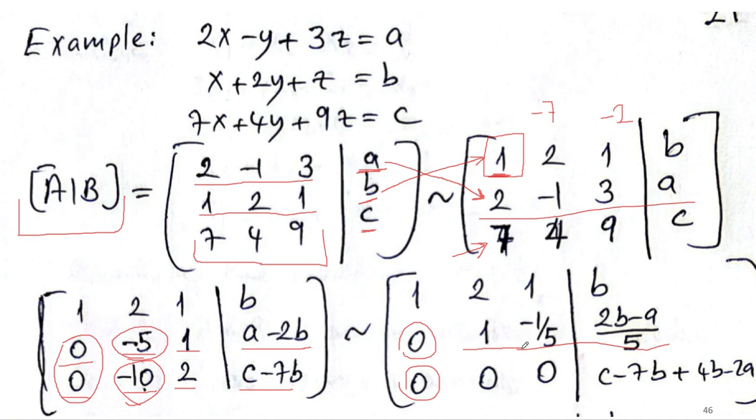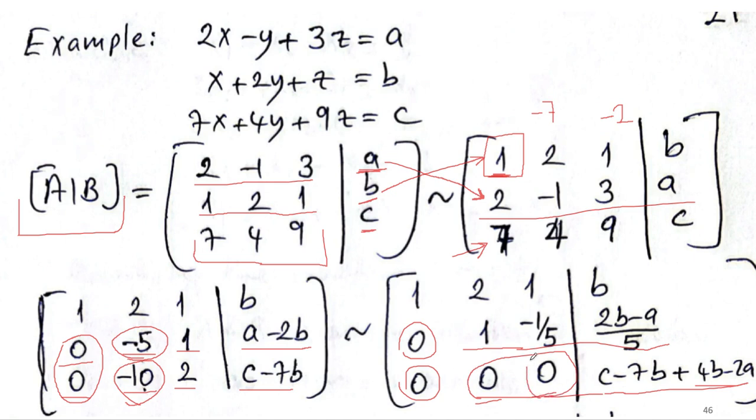Now at this stage you can multiply the second row by -2 and add to the third row. That will also cancel this term. If we multiply by -2, this will also become 0. And then we have c minus 7b minus 2a plus 4b. As you see, we got both of these terms equal to 0.